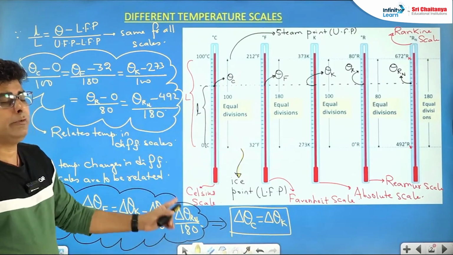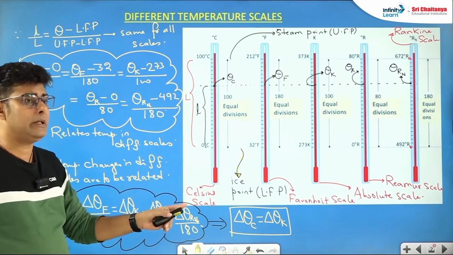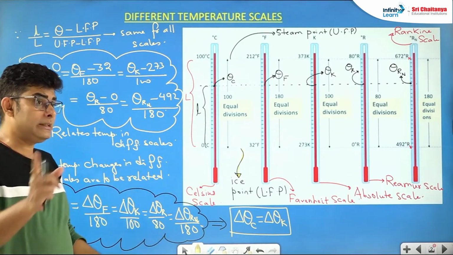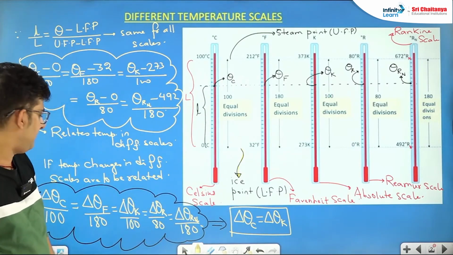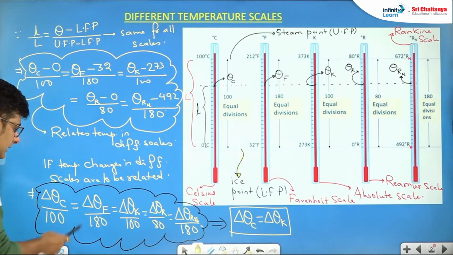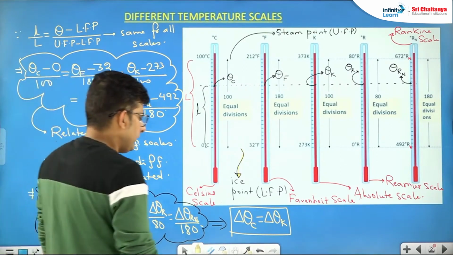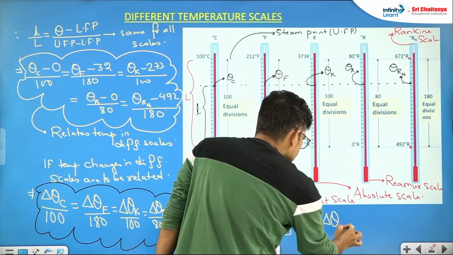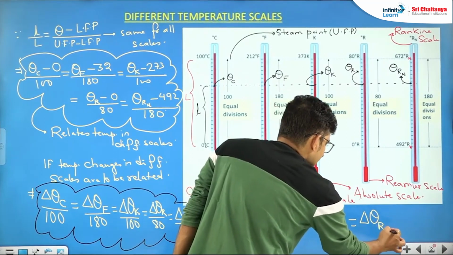For example, 20 degree Celsius change or 20 Kelvin temperature change are equal. Temperatures are not equal, the changes are equal. So in Celsius and Kelvin, the change in temperature is same. Similarly, you can see Fahrenheit and Rankine 180. So the change in temperature in Fahrenheit scale is same as the change in temperature in Rankine scale.